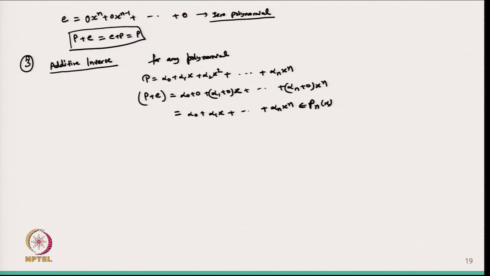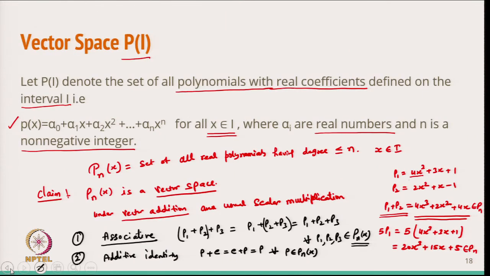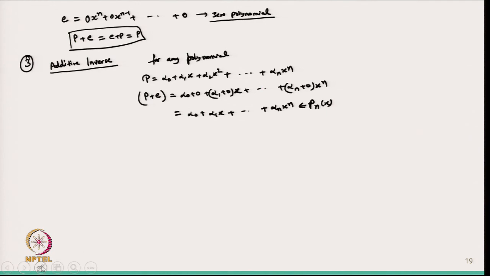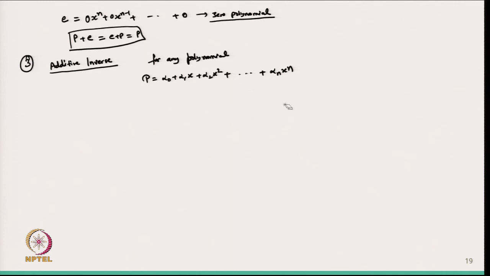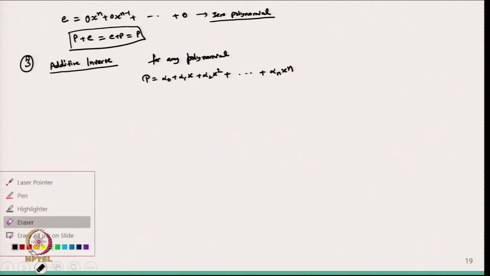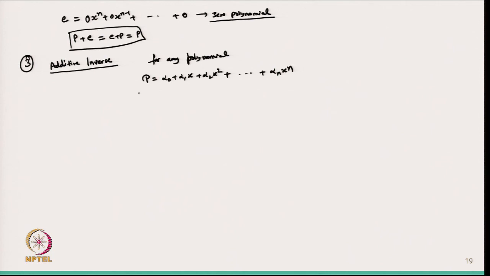So, from here I need an inverse. I have to take the inverse basically. I will choose another polynomial, minus p.